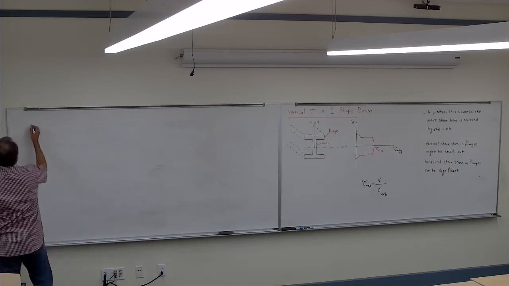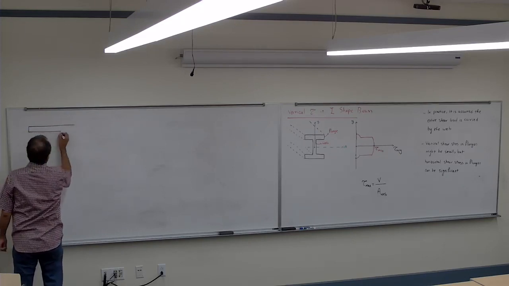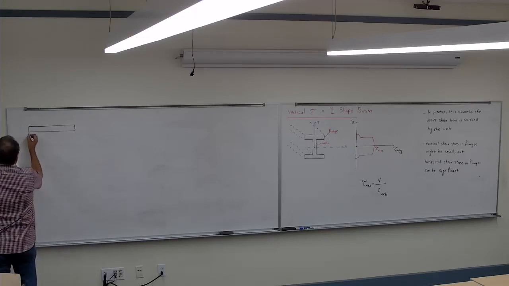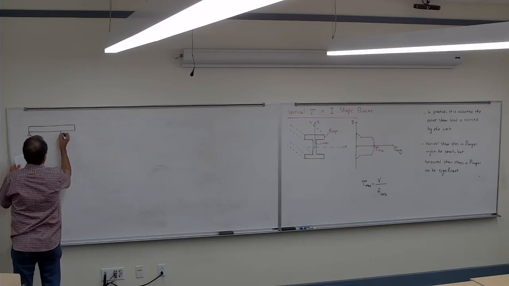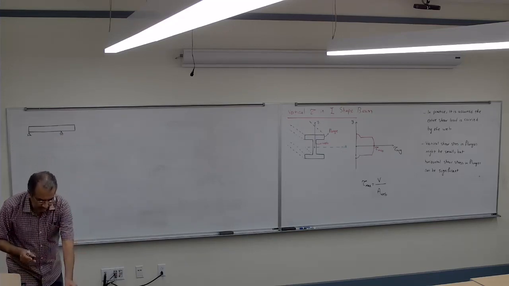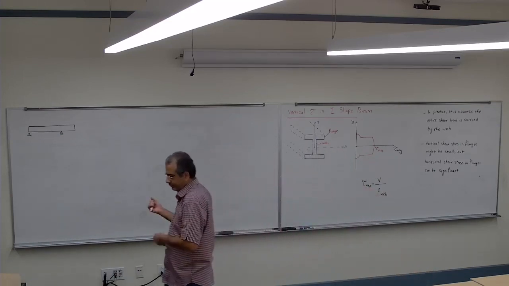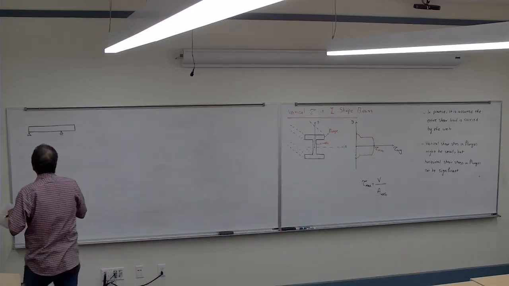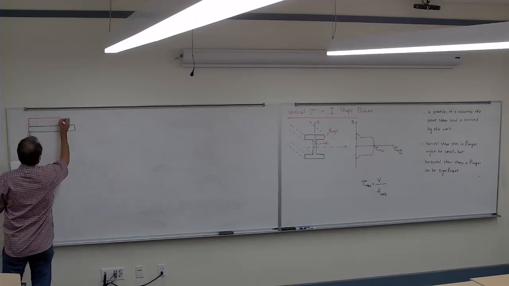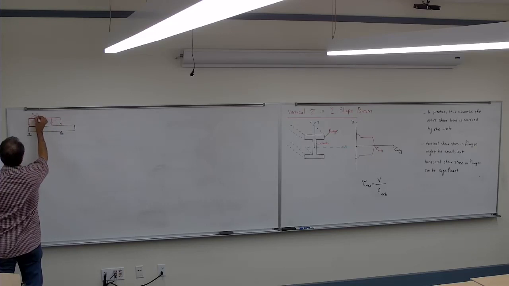I have a wooden beam that looks like this, with a uniform load of 3.2 kips.